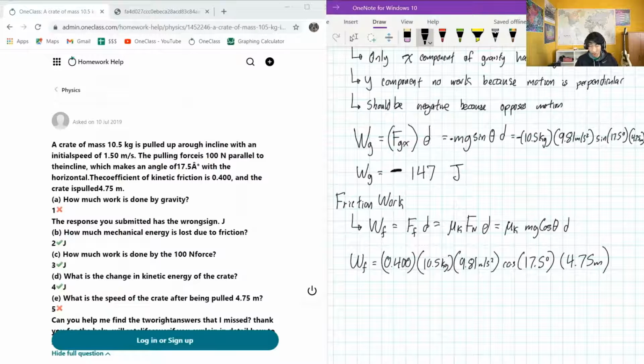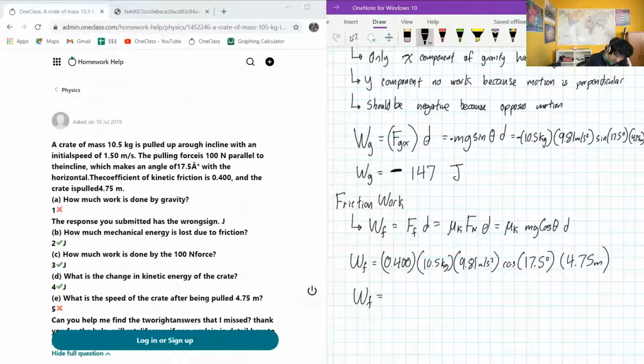Okay, so let's run this calculation and see what we get. 0.4 times 10.5 times 9.81 times the cosine of 17.5 times 4.75.